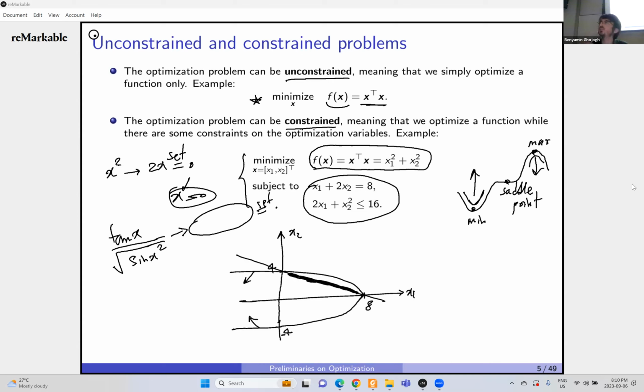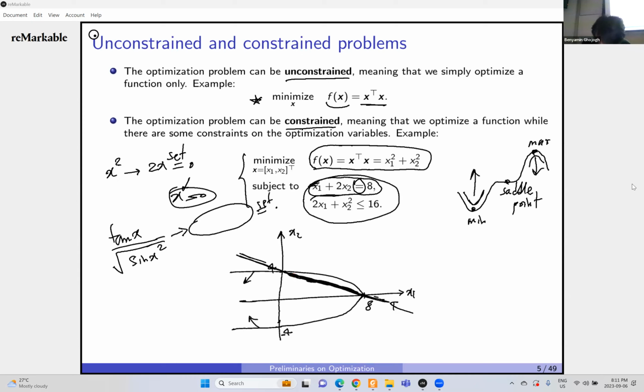As it is 2D, I can visualize it. For example, the first constraint, x1 plus 2x2 equals 8. This is a line, and as it is an equality, I have to be on the line. I need to satisfy the equation of the line, so I'm on one of these points.